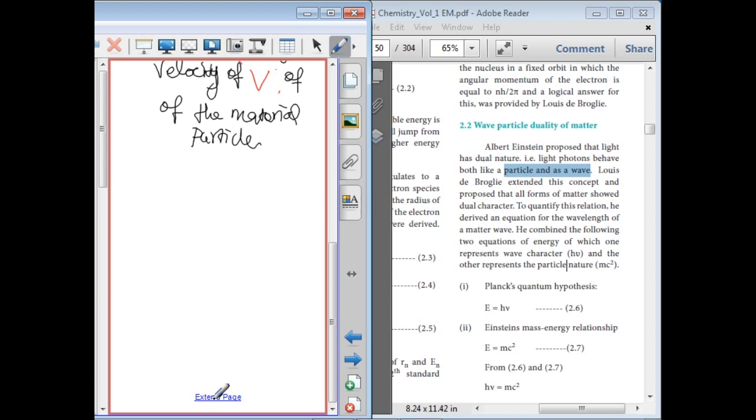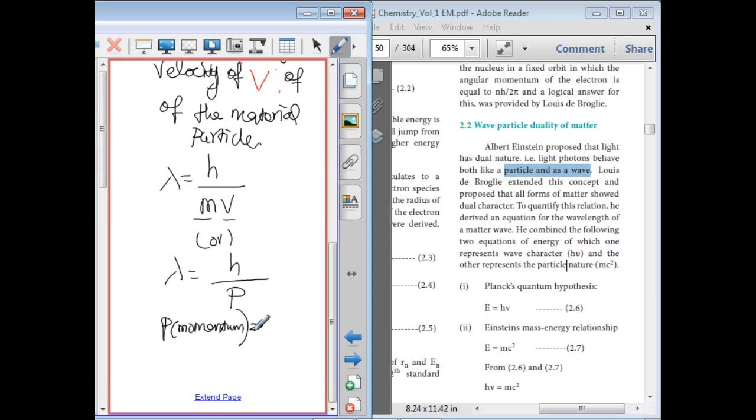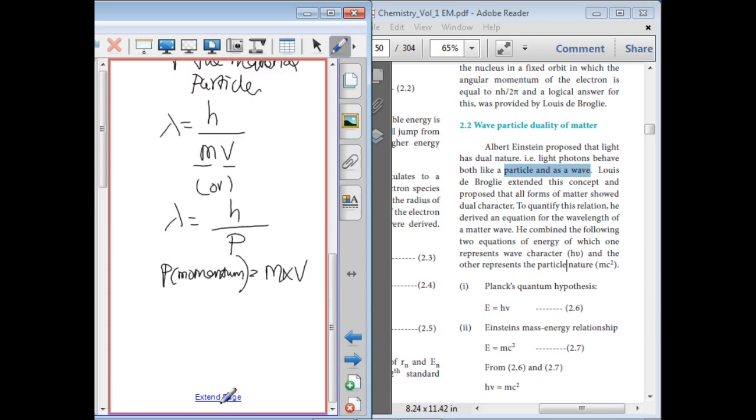So we can write the equation lambda equals h by m into v. m is the mass of the material particle, v is the velocity of the material particle, or lambda equals h by p. p means momentum, momentum equals mass into velocity.